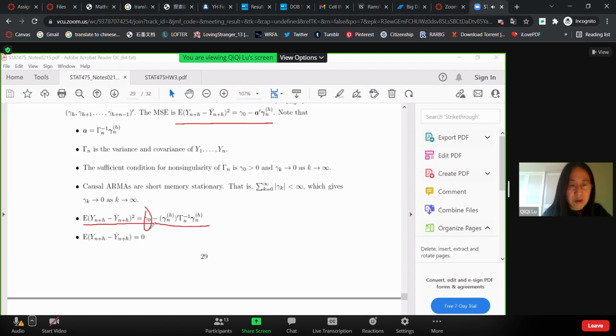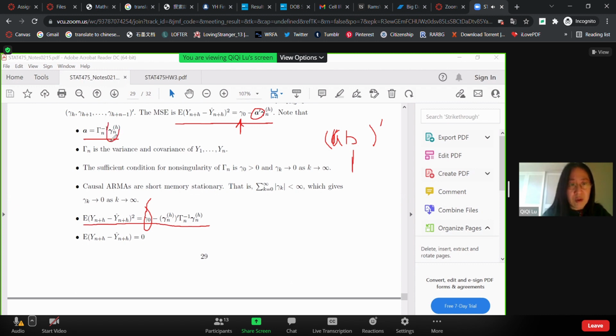You have gamma 0, the same as here, and then we plug in A transpose. If you have two vectors or matrices and take the transpose of a product, B transpose goes first and then A transpose.